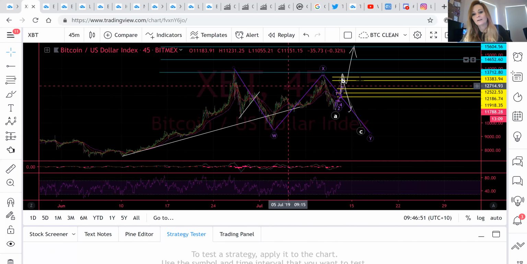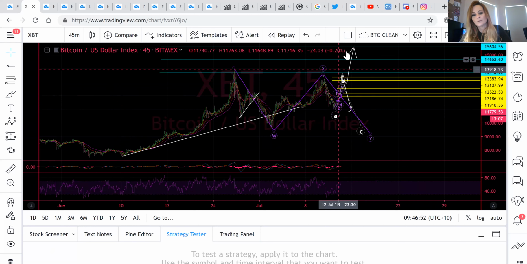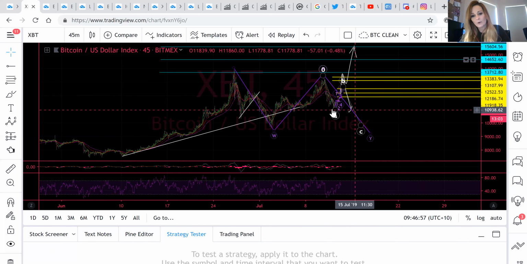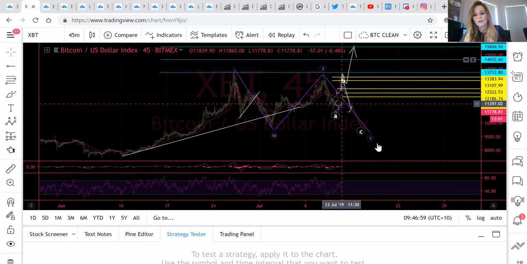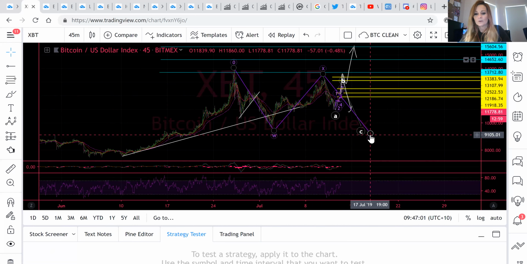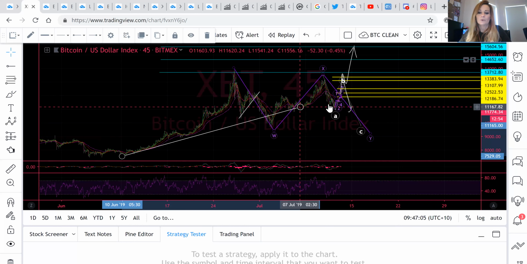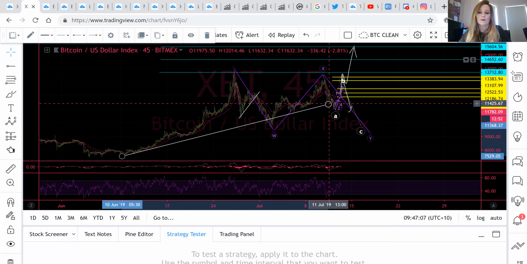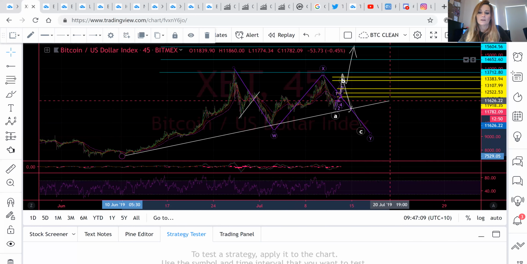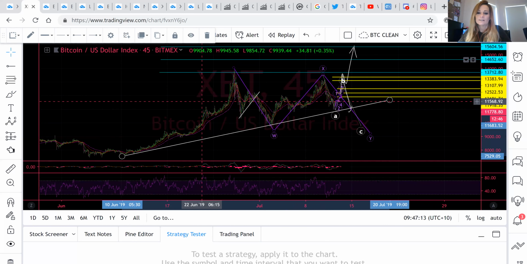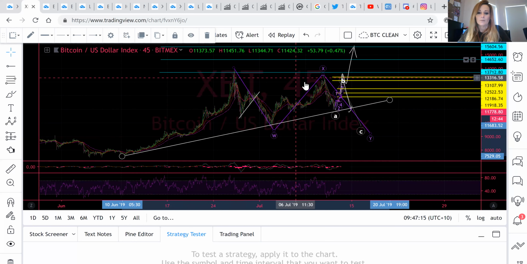So we've got the two patterns. Just remember, if we pass below this point, we're going to probably retest that long-term channel. We're going to break down. If we hold this point here with our waves and we continue higher, that's our triangle, which is looking really good at the moment as well.